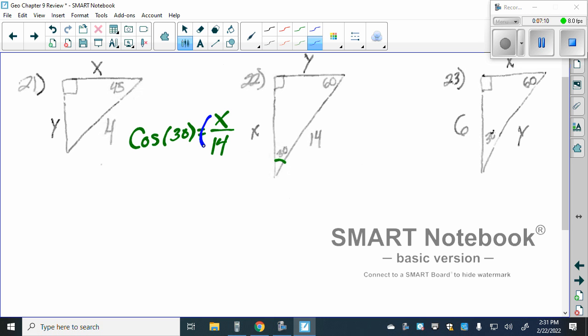Well, to solve this here, we would multiply both sides by the bottom of the fraction. Multiply both sides by 14, so these will cancel, telling us 14 cosine of 30 is equal to x.